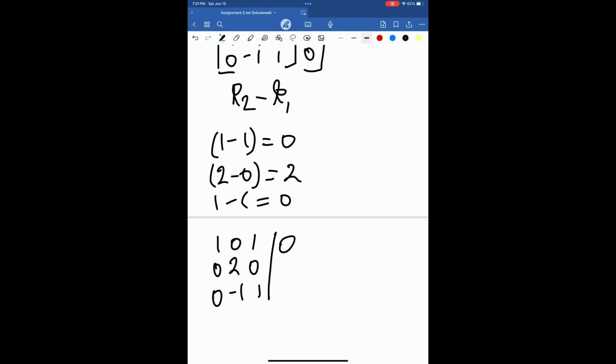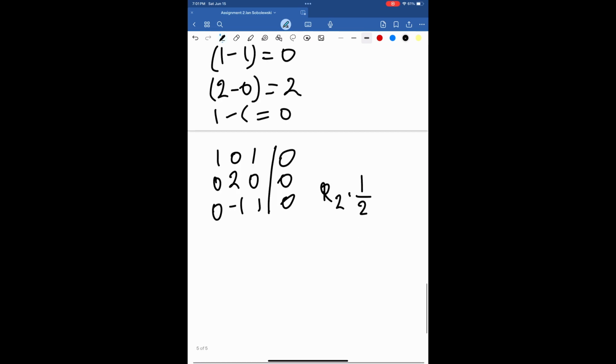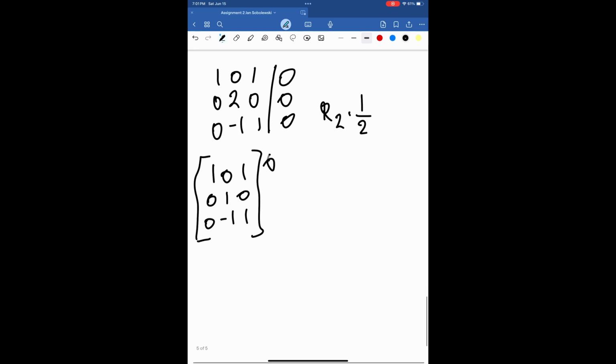To make it even simpler, we can do row 2 times a half. Now we can finish off the other row pretty easily. I'm not going to show the zeros here.